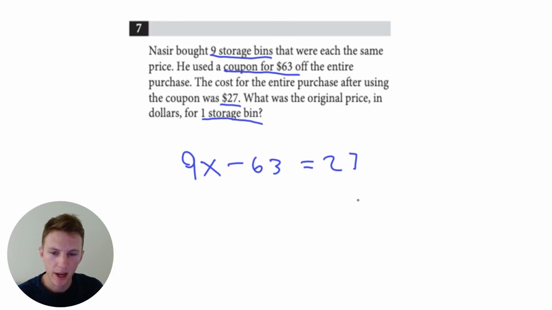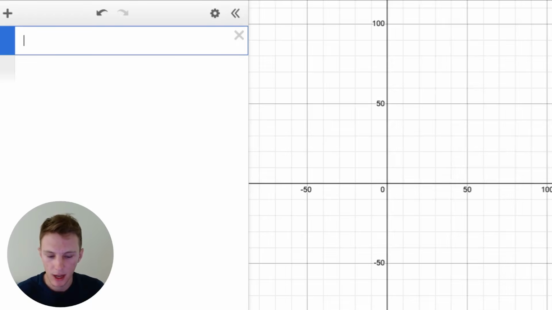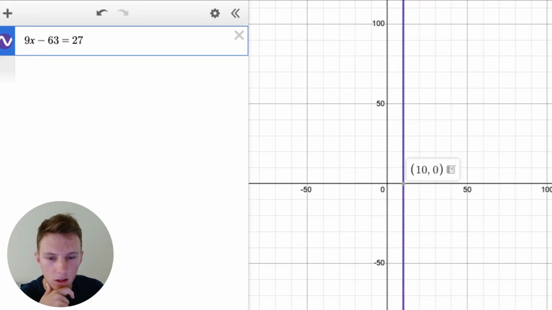Now, we could do this by hand pretty easily, but let's put it in Desmos because that's even easier, and we know Desmos won't make a mistake. So if I go over to Desmos and type this in, we have 9x minus 63 equals 27, and then if you look on here, we'll be told by Desmos that the final answer is 10.